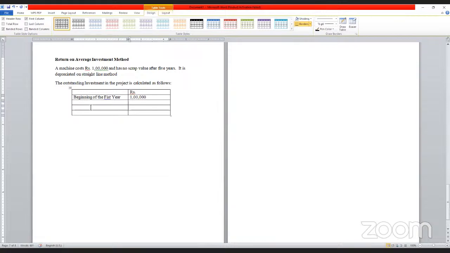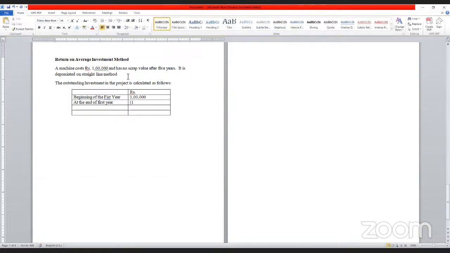Now, after that, we need to provide depreciation, right? At the end of first year, how much will be the amount? From this amount, you need to deduct depreciation also. Straight line method depreciation. So 1 lakh, how will you calculate depreciation?